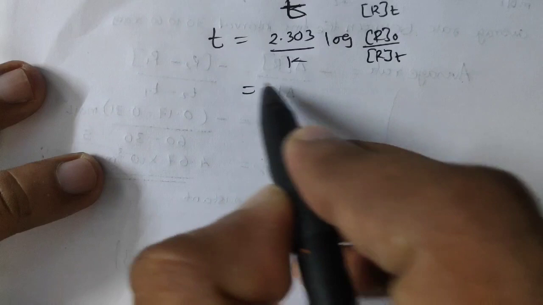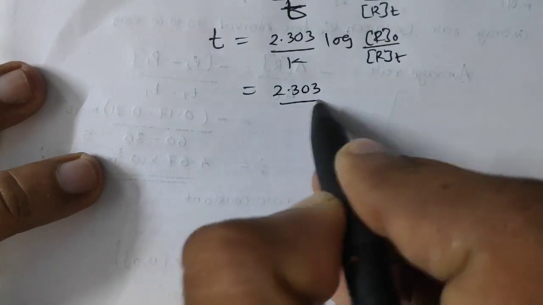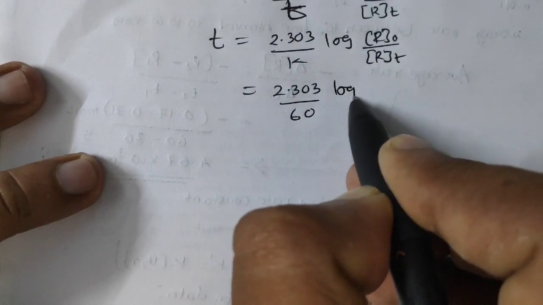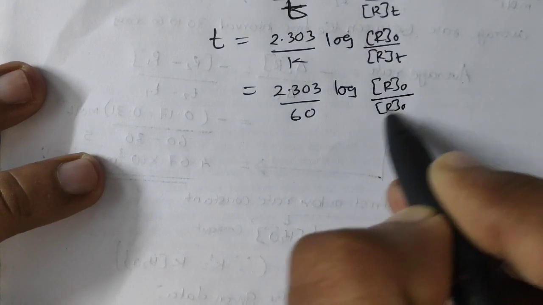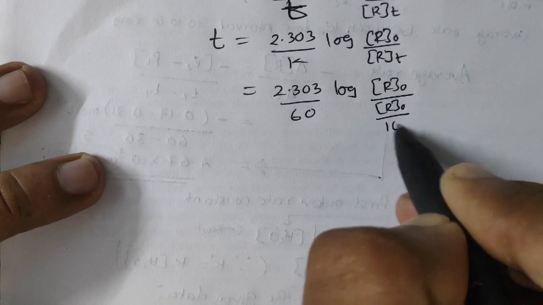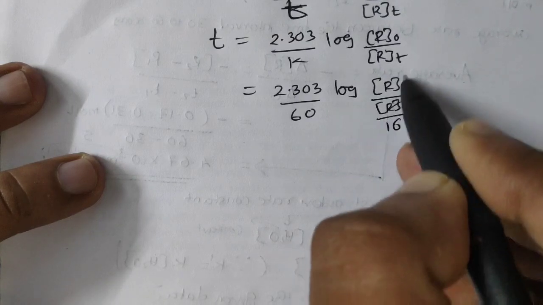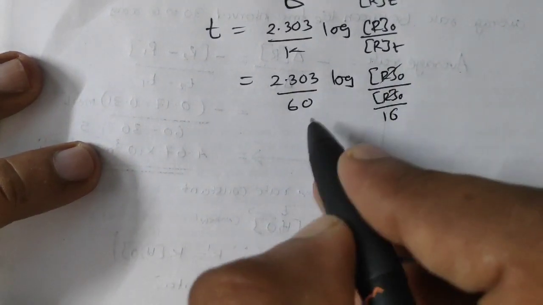Understood? So now I will substitute the value, 2.303 by 60 was given. This is log R0 upon R0 by 16, so R0 gets cancelled and 16 goes up.